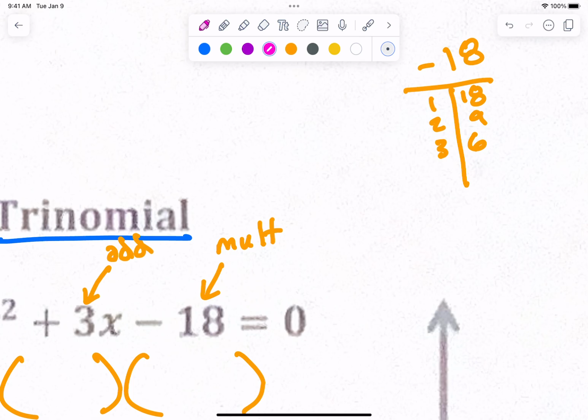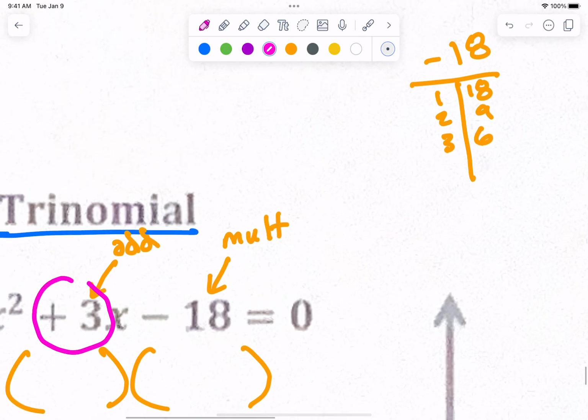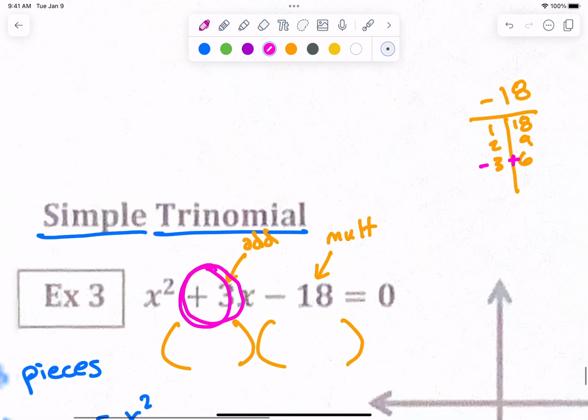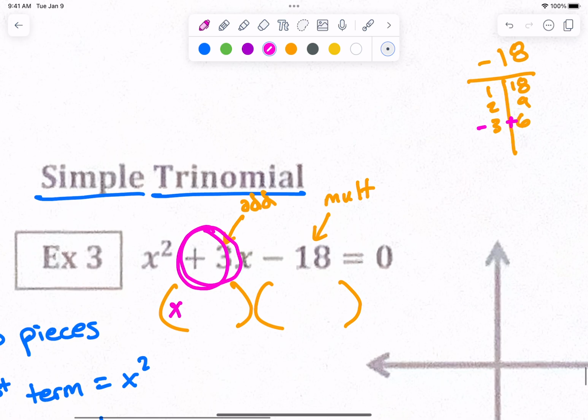Yes, but some combination of 3 and 6 will give me a positive 3. Which number has to be negative? Negative 6. Negative 6 plus 3 gives positive 3... Got it? So if you can't think of it, make a chart, make a list. So when I do this, x goes here and x goes here. My 2 numbers were which ones?